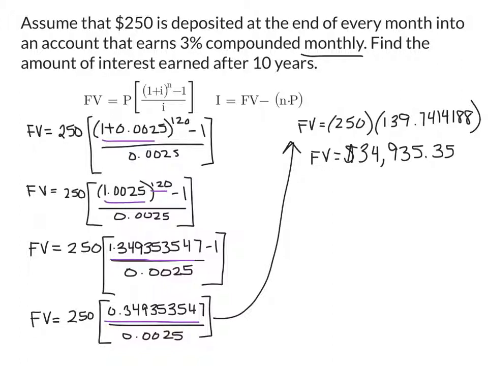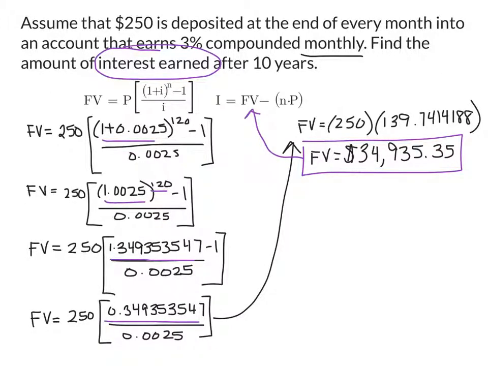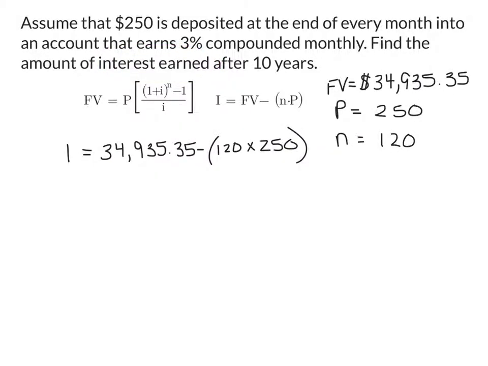But recall that our problem asks us to find the amount of interest earned. So we're going to take the value that we found for future value, plug it into the formula for I, and that will be our final answer. So the interest earned equals the future value minus the total number of compounding periods times the amount deposited. So here we have I equals $34,935.35 minus 120 times 250.